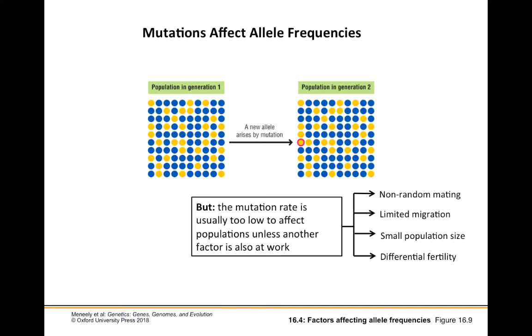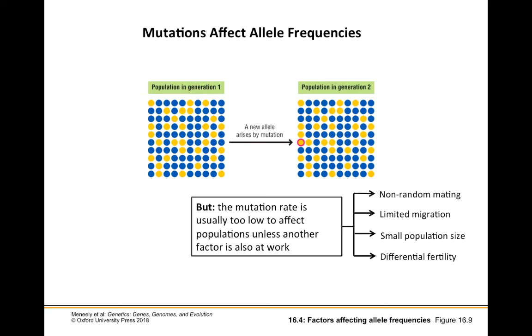So if you have 50 individuals in your population, you have 100 alleles in the population. One of those is mutated so that now you have a frequency of 0.01, or 1% of the population, and that is the probability that it will become fixed.